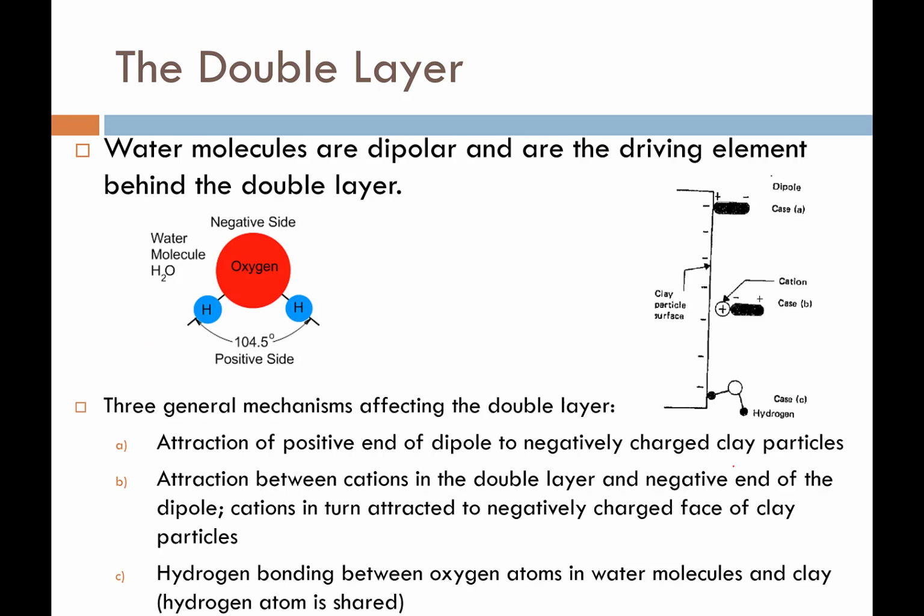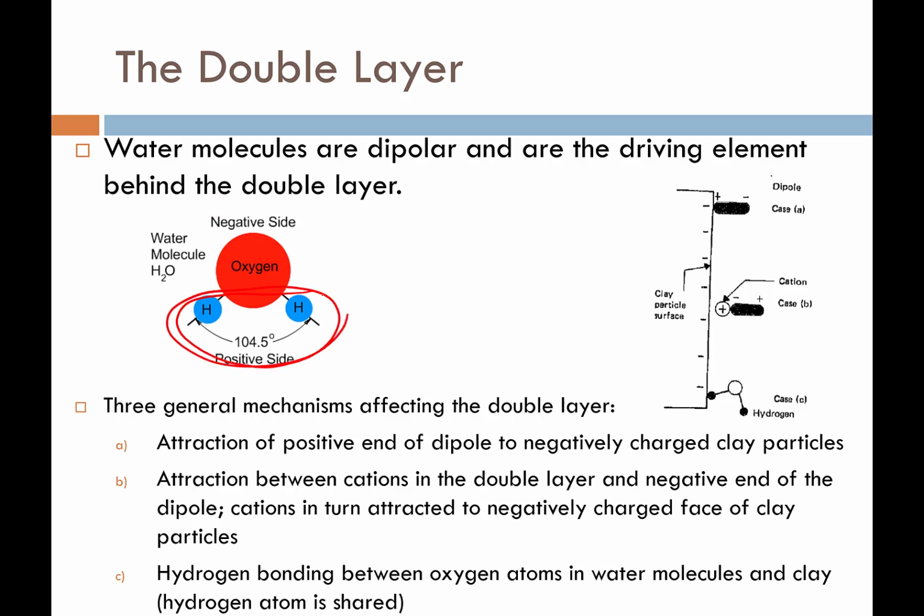What about water? Well, water is a unique molecule because it's what we call a dipole or dipolar molecule, meaning that it's not balanced. It's geometrically not balanced. You have one side of the molecule that has a net negative charge, and you have the other side of the molecule that has a net positive charge.